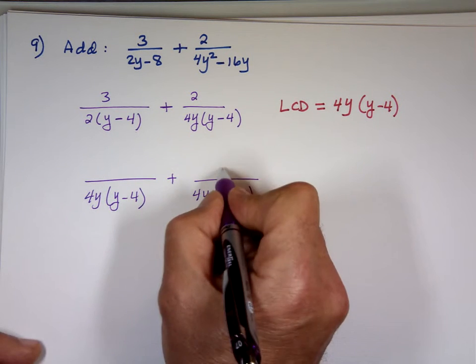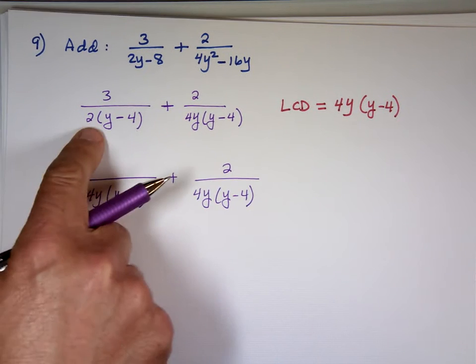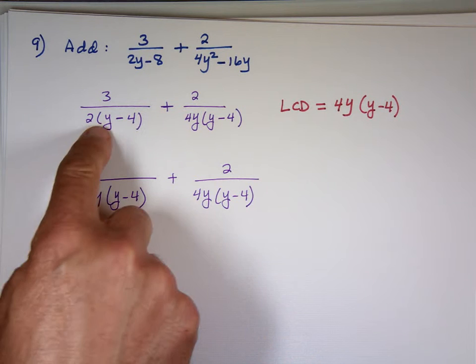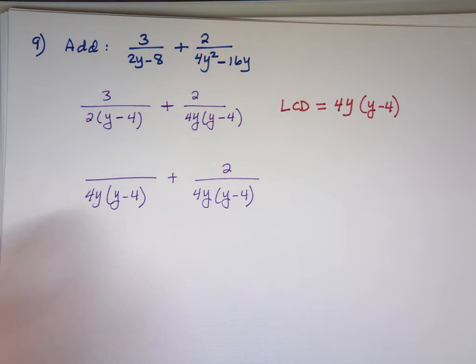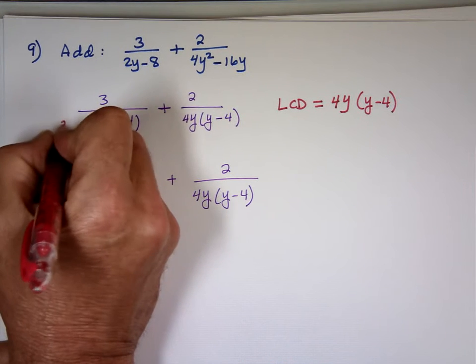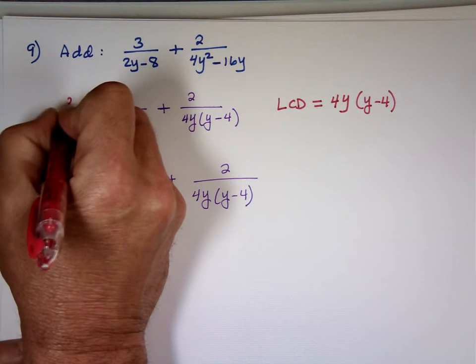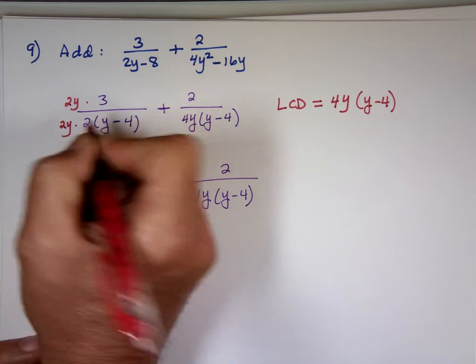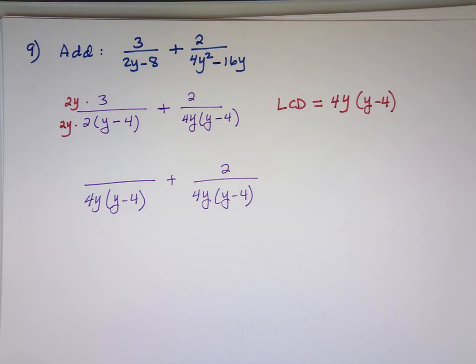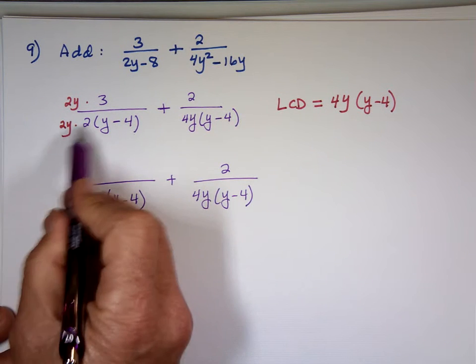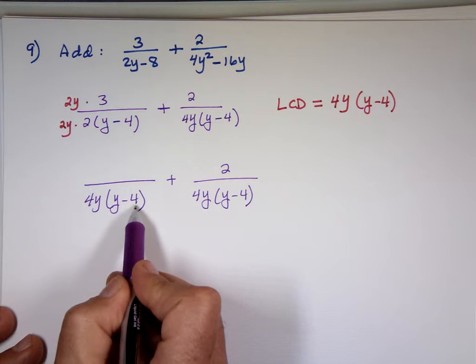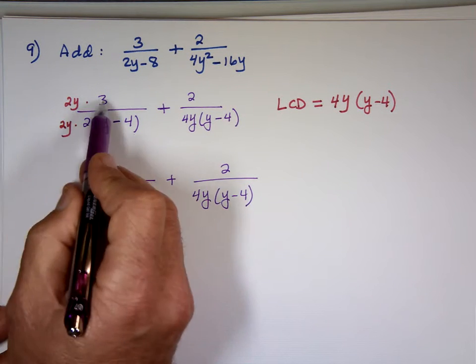But when you look at this, it's missing a piece. What is missing from this? How do you make this one look like this? We need to multiply it by 2y, the top and the bottom. So what is 2y times 2? That will make it 4y and y minus 4. So what's 2y times 3? That's what? 6y.